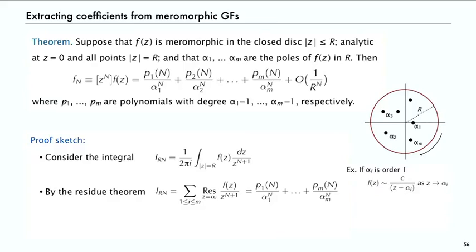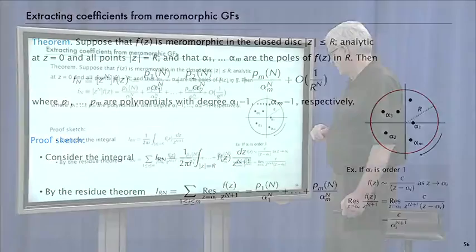And just for example, if the pole is of order 1, then the function grows like this constant c over z minus alpha. So therefore the residue of the function over z to the n plus 1 is the same as the residue of this c over z minus alpha times z to the n plus 1.